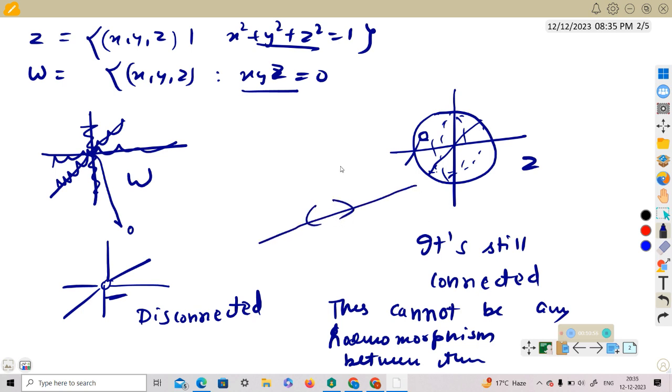If two sets are homeomorphic, then removing some elements, and correspondingly their images, they must still be homeomorphic to each other.